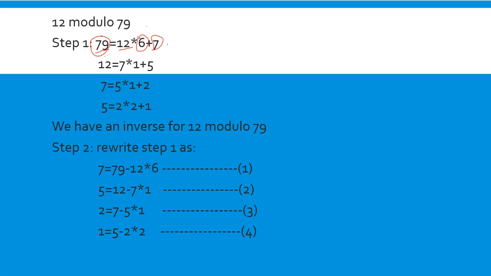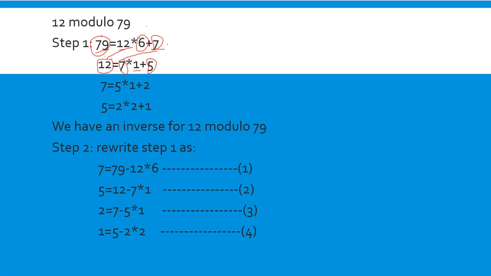This can be proceeded with 12 taken over here and the value 7 taken right here, and then checking how many times 7 goes into 12, that is 1, with the remainder 5.